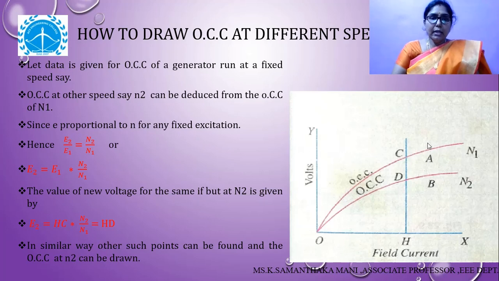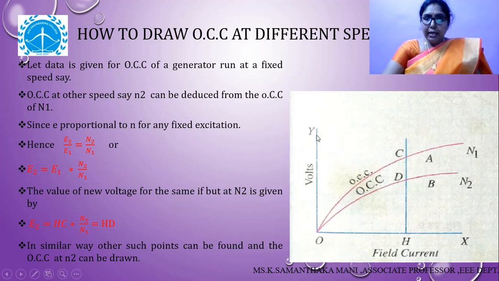Now, there is another concept. If the OCC for one speed has been given to us, we need to draw the OCC for a different speed. The information related to the OCC at one speed has been given, so how do we draw the OCC for another speed? That is possible with this existing data.